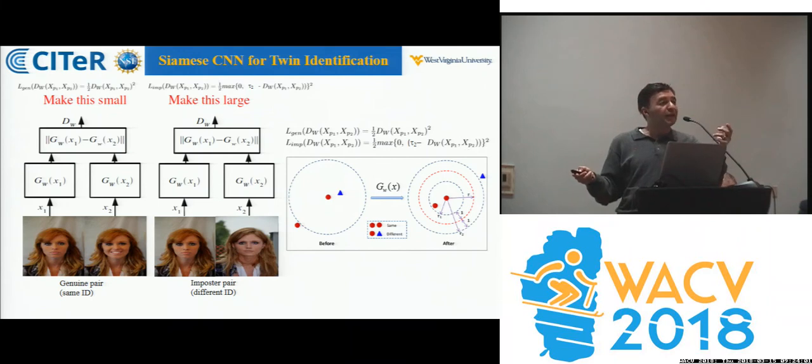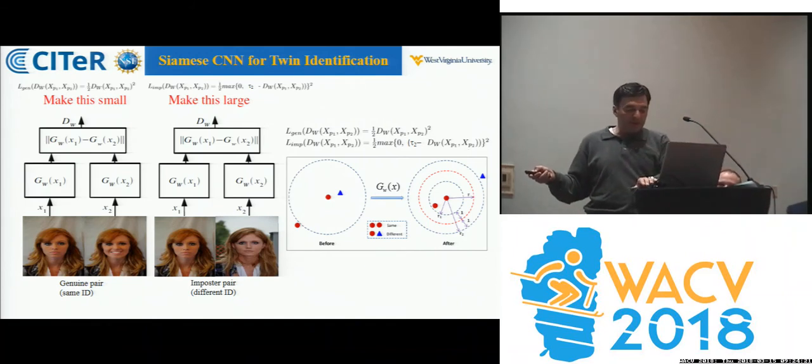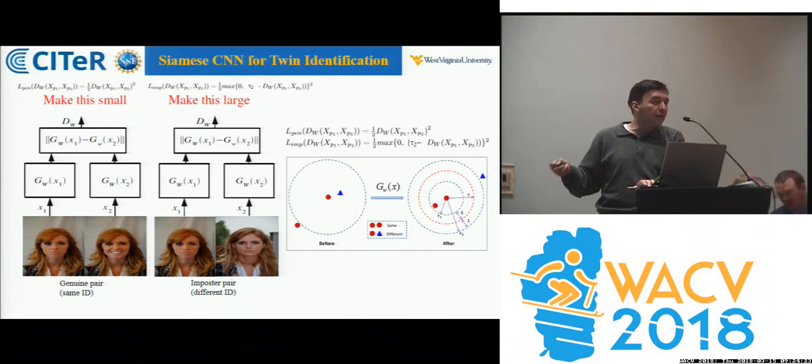But we use the same idea, same approach, for distinguishing between identical twins. Again, we're training that coupled deep neural network. We input to the neural network genuine pairs, identical twins which are the same ID, and imposter pairs, and run the coupled CNN that we did previously.